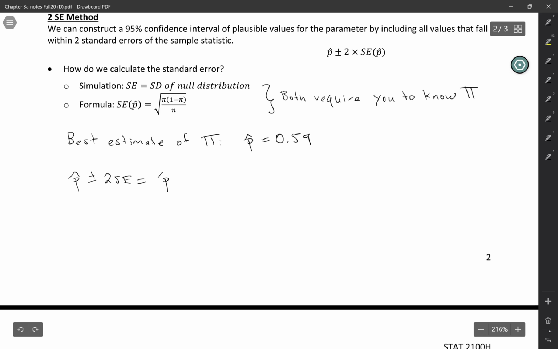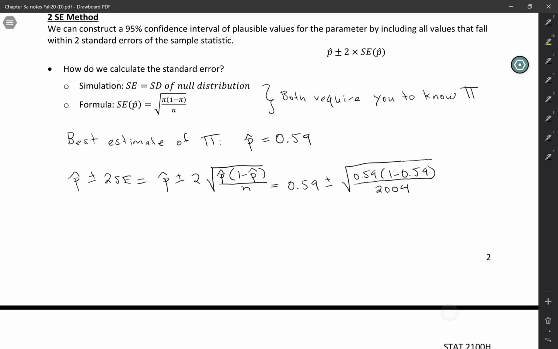So I'm going to do p hat plus or minus 2, and then I'm doing the standard error formula, but I'm replacing the pi with p hat because that's my best estimate right now. And then I'm just going to plug in 0.59 everywhere that I have pi. 0.59 and 1 minus 0.59, that's the proportion of failures instead of successes. And my sample size was 2004. Oops, I almost forgot the 2.